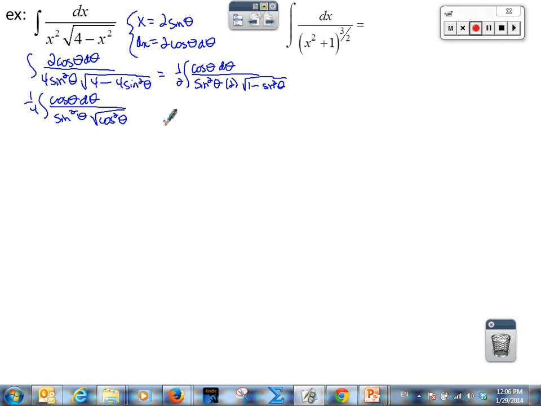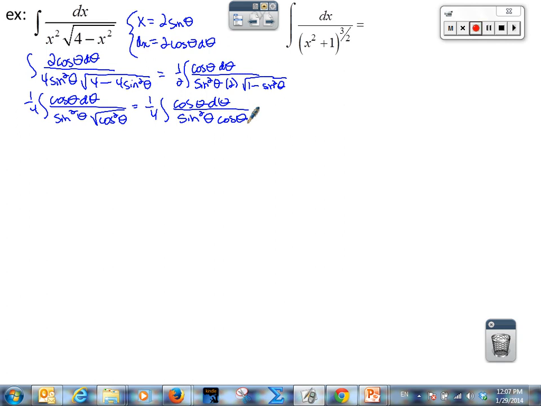Hopefully we can see I'm going to simplify that cosine squared theta because it's under the radical. It's going to turn into just cosine theta. So 1/4 integral of cosine theta d theta over sine squared theta cosine theta. As I said, I'm showing quite a few steps just so you can see what's going on. You can skip many of these steps.